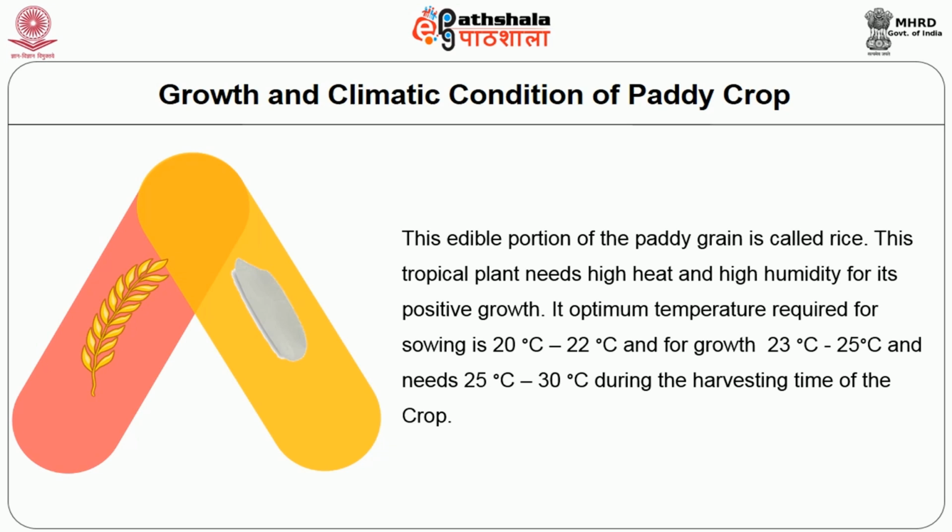This tropical plant needs high heat and high humidity for its growth. The optimum temperature required for sowing is 20 to 22 degrees Celsius, for growth 23 to 25 degrees Celsius, and 25 to 30 degrees Celsius during harvesting.